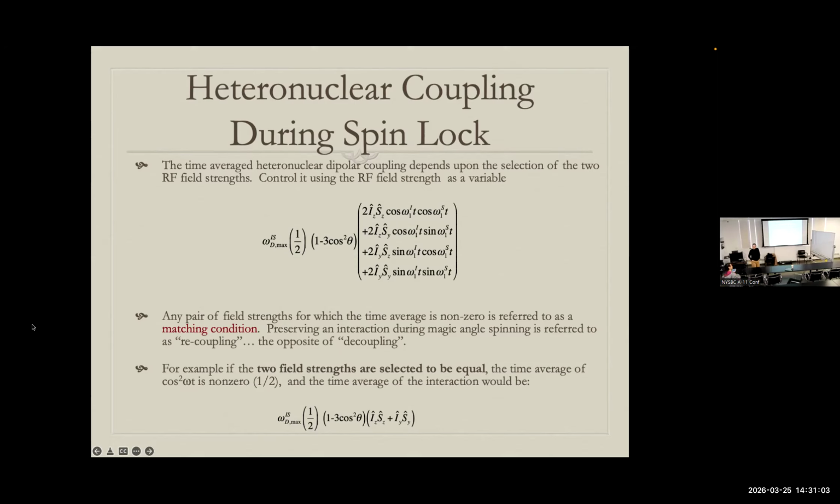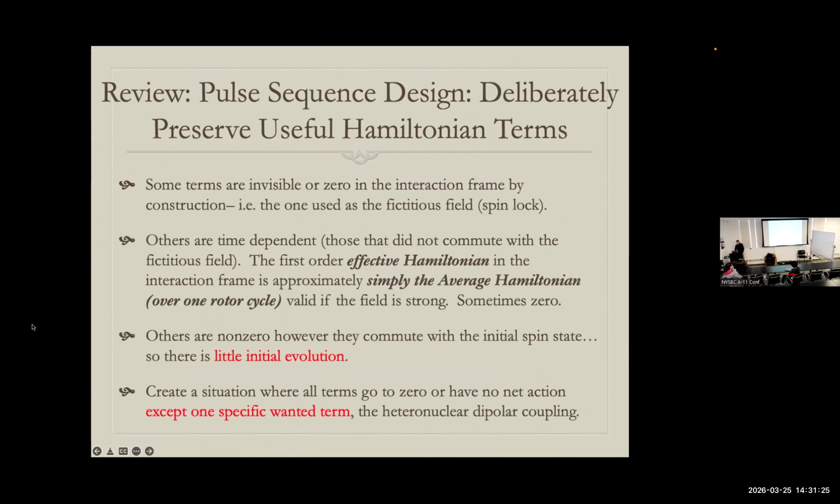Yes. I understand this matching condition here for the heteronuclear coupling, but is the reason the homonuclear coupling during the spin lock went away also because there was a matching condition, or is that always going to happen?